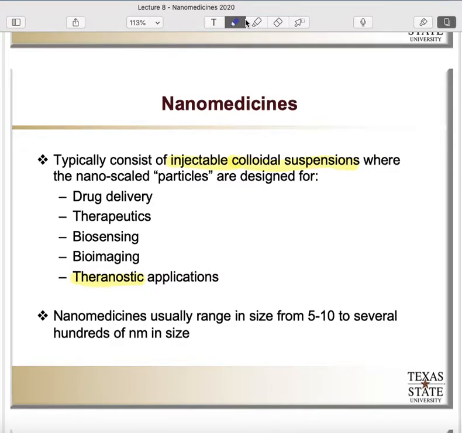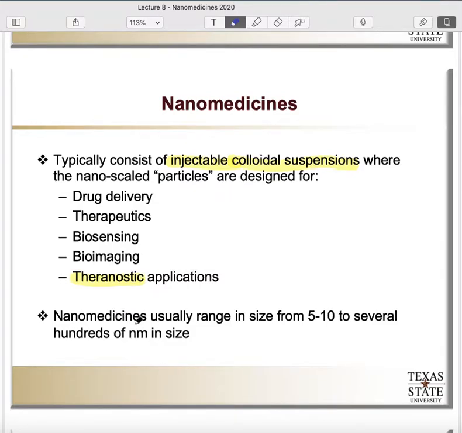For detection, for example, the particle could act as a contrast agent to find the location of the diseased cells. And then from the therapeutic aspect, that same nanoparticle could act as a therapeutic agent by enabling localized drug delivery or maybe laser-triggered photothermal therapy or something like that. Again, we're combining both capabilities in one single system.